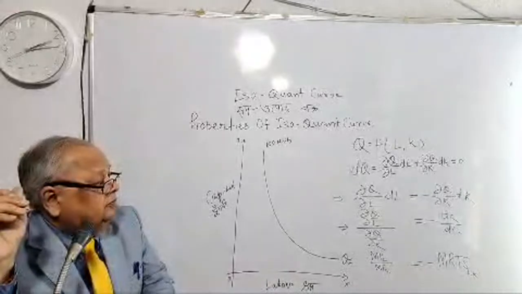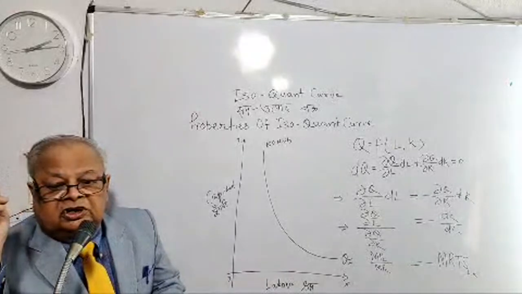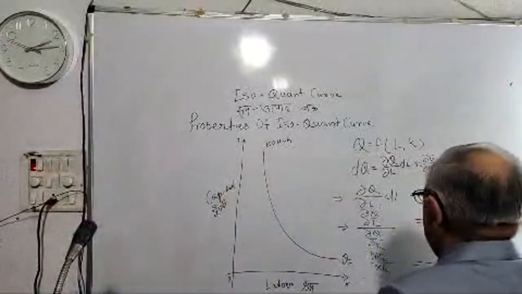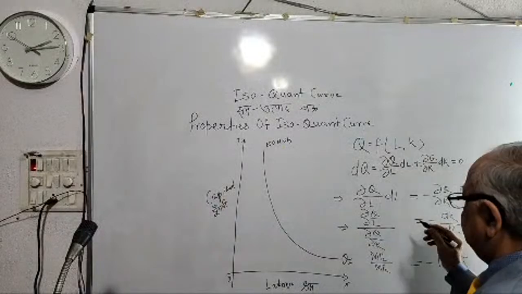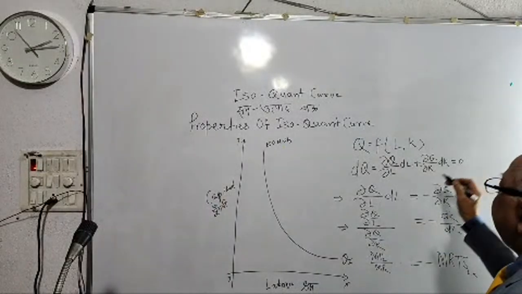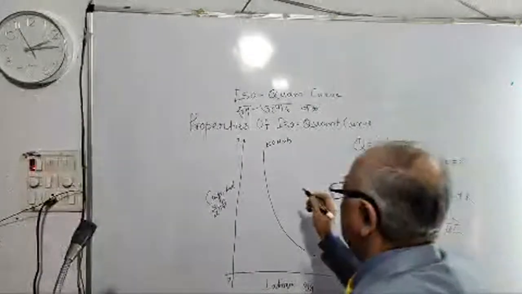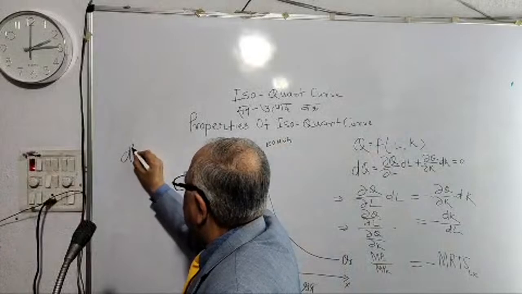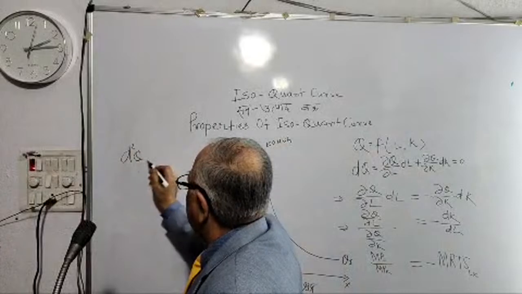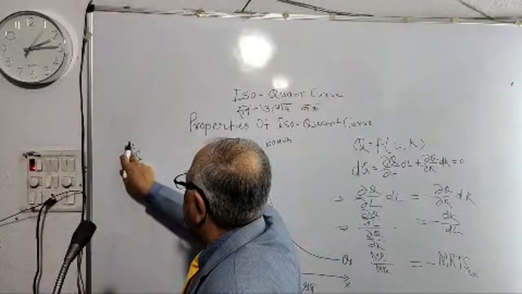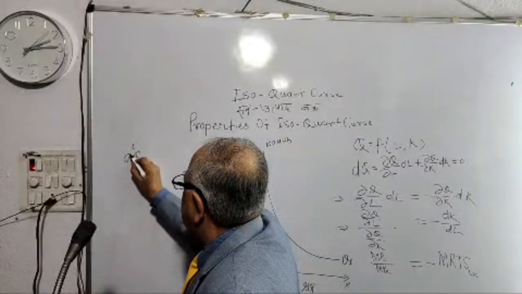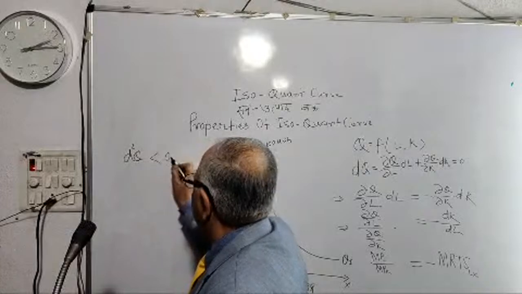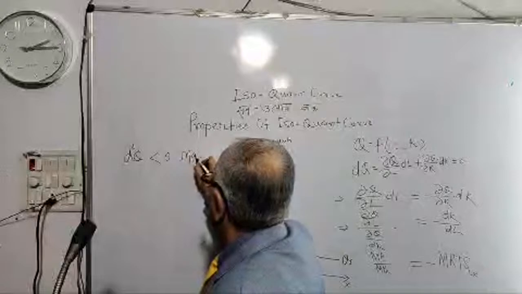Here, for maximization, dq must be equal to 0. And another factor, d square q is less than 0 for maximum production.